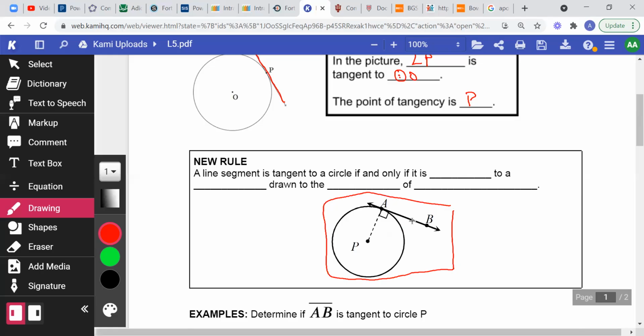The tangent line is AB, and then what does AP represent to the circle? What is the name of the distance from the center to any part of the circle? R, radius. So as you can see, AP represents the radius and AB represents the tangent line.